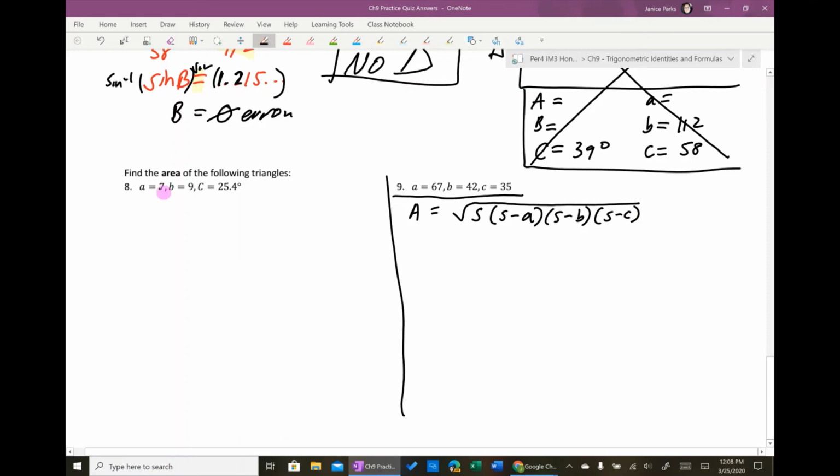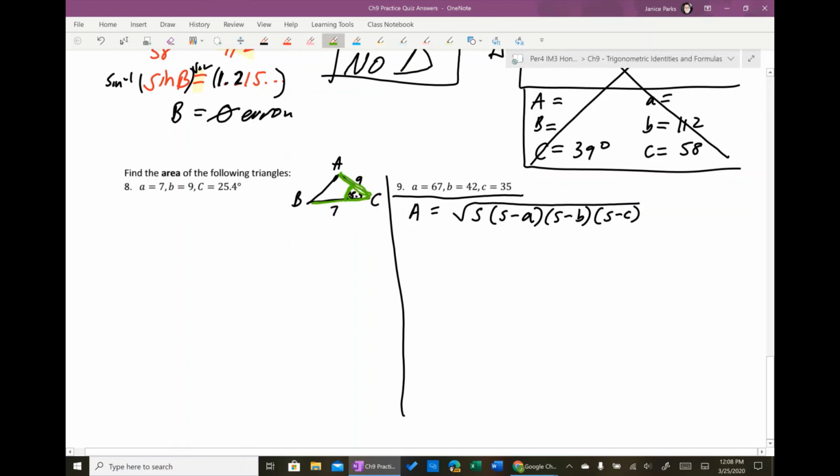In this case, they gave us an A, a B, and a C. So if you were to draw this picture, they give us C is 25.4, A is 7, B is 9. So what they've given us is side angle side.